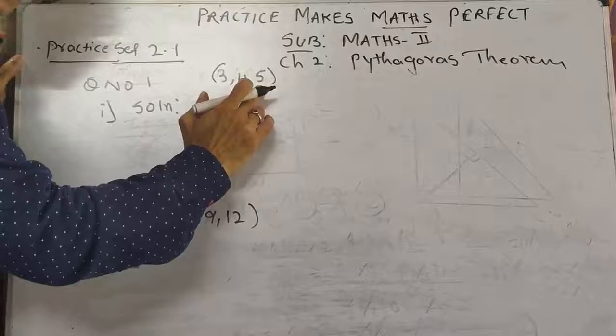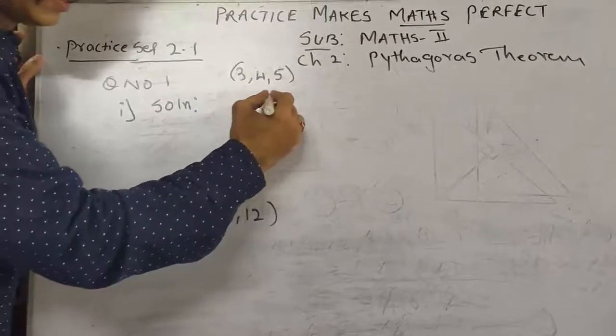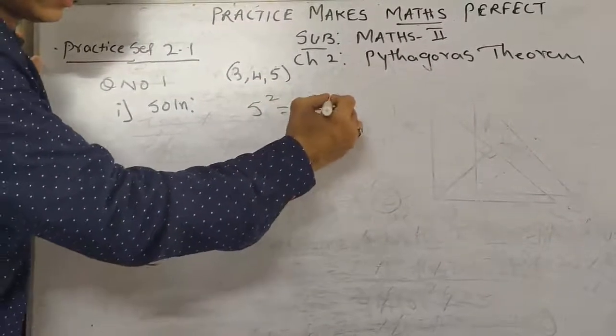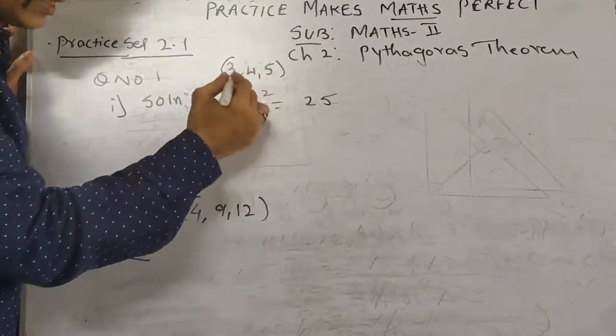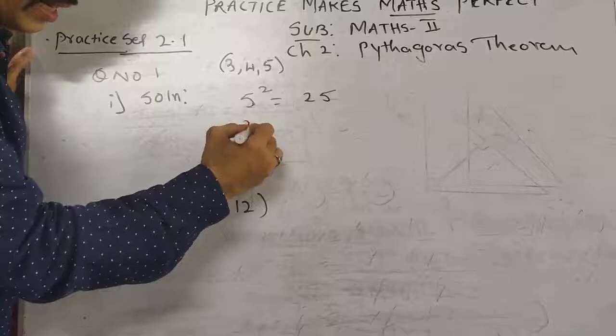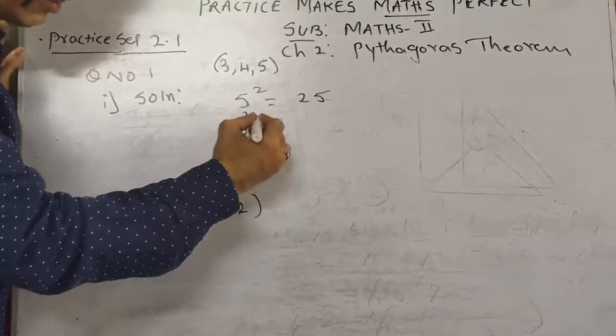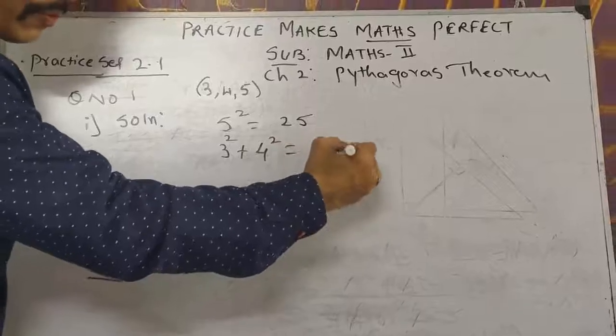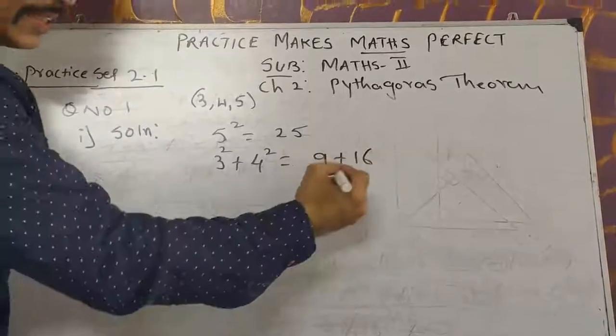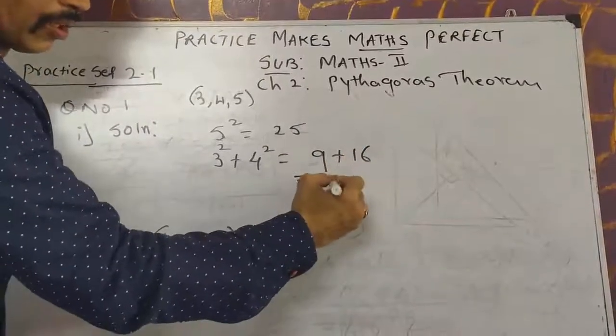The largest number is 5, so I am writing here 5 square. 5 square is 25. The other two numbers are 3 and 4, so I will take the sum of the squares of the other two numbers. 3 square plus 4 square. 3 square is 9, 4 square is 16. 16 plus 9 is 25.